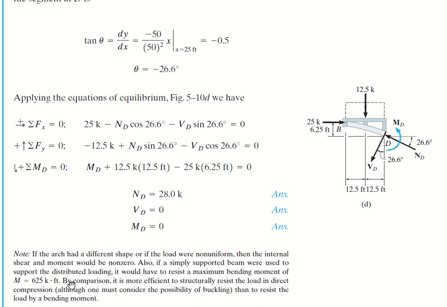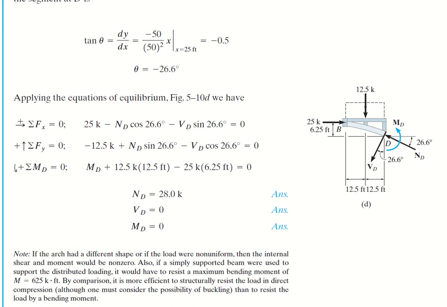So what they are saying is that if you provide a beam instead of this arch, there will be a huge amount of bending moment in that beam, and you have to resist that bending moment. But in the arch there is no bending moment, there is only this axial compression, and you just have to worry about this axial compression. So this was the difference between the analysis of a beam and that of an arch.